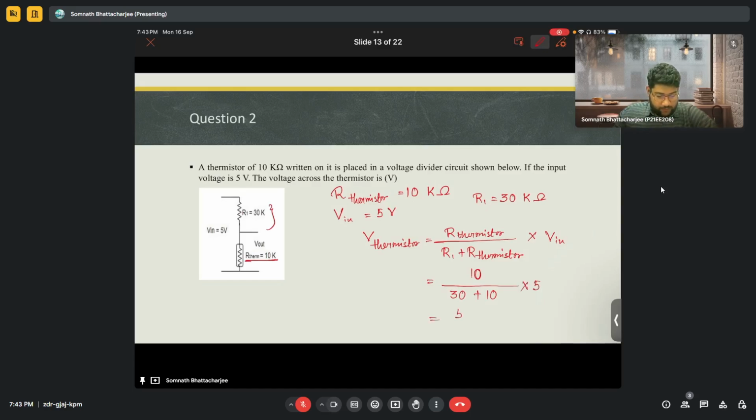So this is 50 by 40, which is nothing but 1.25, in volts. Here is the value of this.